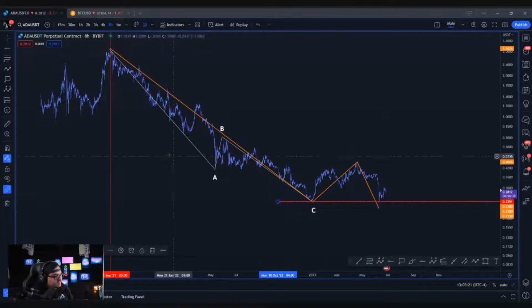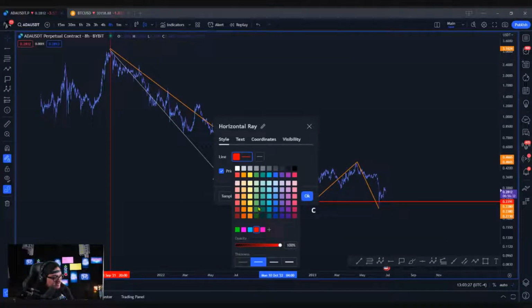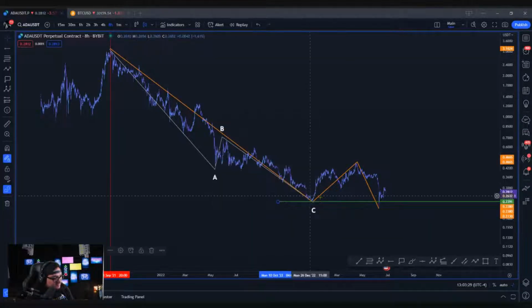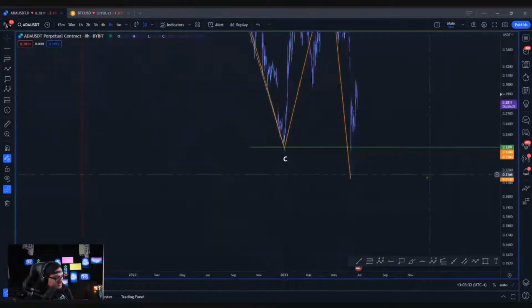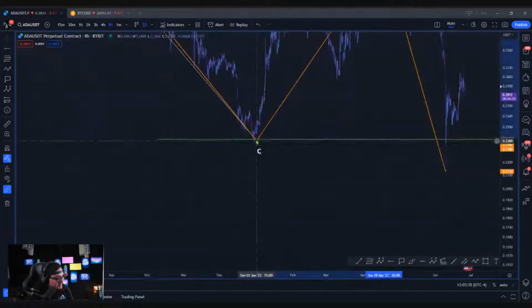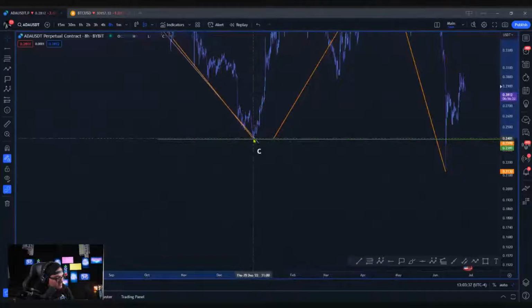So for me, as long as we're above that previous low, which is around 2391. Let me just get the low to make sure I got it right. Yep, 2391.